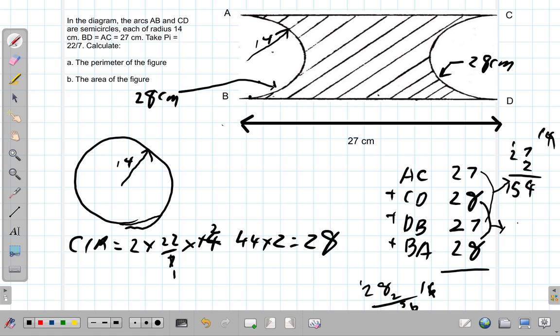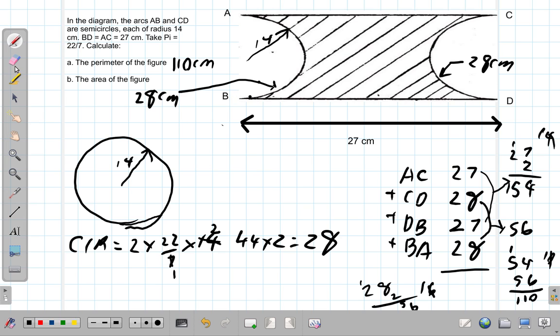So these two make 176. So everything boils down to 54 plus 176. What do you get? 6 and 4, 10. Bring down the 0, carry 1, 5 and 5, 10 and 1, 11. 110. Right, so it's 110. So the perimeter is 110 centimeters. You see that? 110 centimeters.